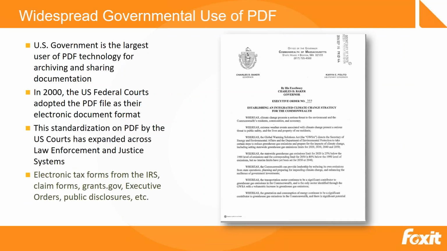Okay. So just highlighting the widespread governmental use of PDF. Why is it so important within government agencies? Well, PDF has a lot of advantages, right? Usually a PDF file is a read-only document that can't be altered without leaving some other electronic footprint. And it's basically portable, right? It's designed to be transferable and shared across multiple computer systems.